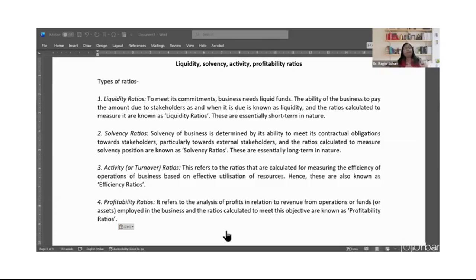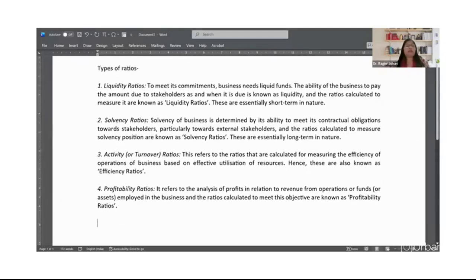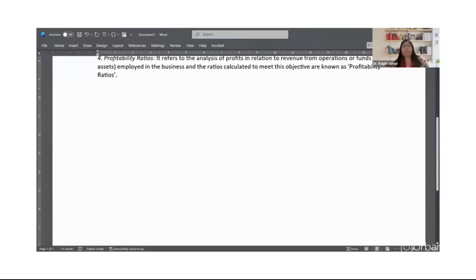Then the last set of ratios are the profitability ratios. This refers to analysis of profits in relation to revenue from the operations or funds. Okay. Now let's start with these ratios.